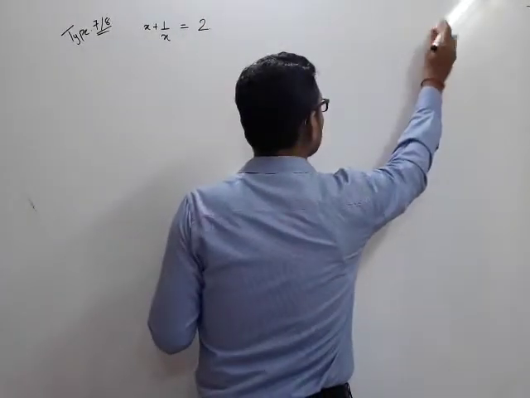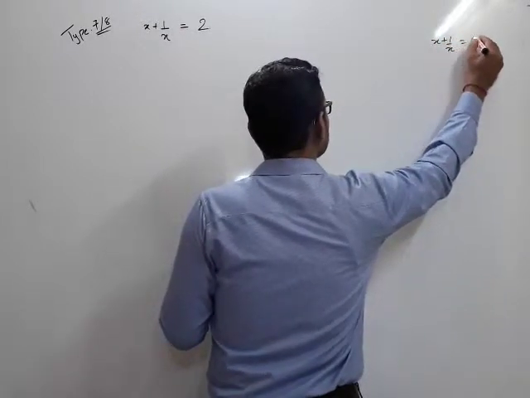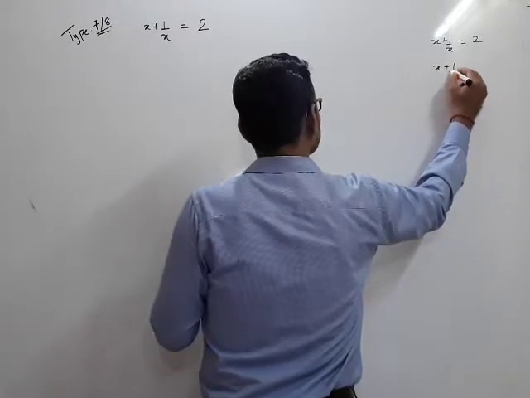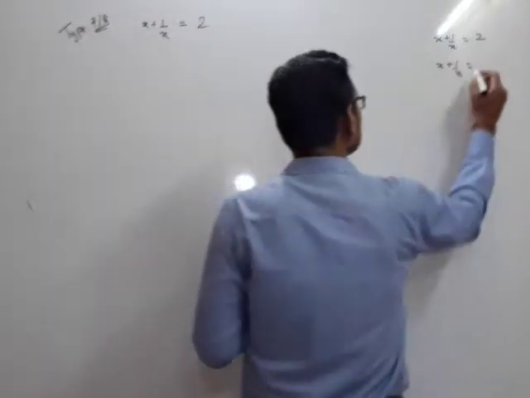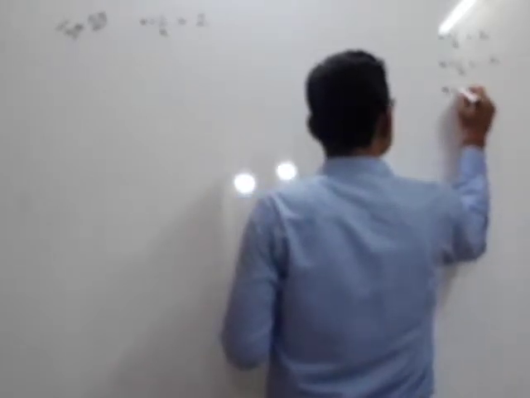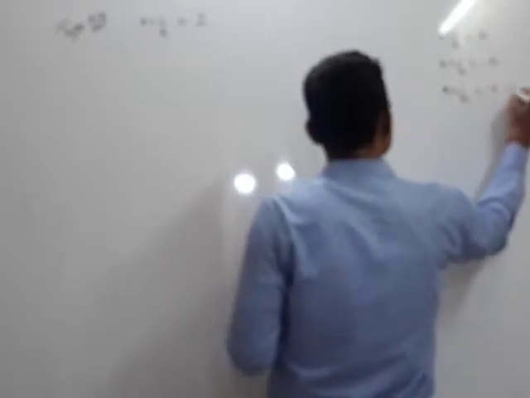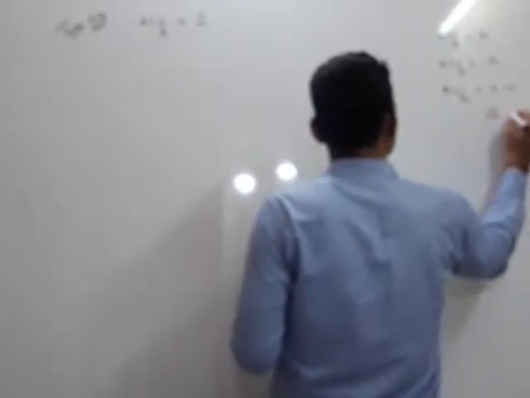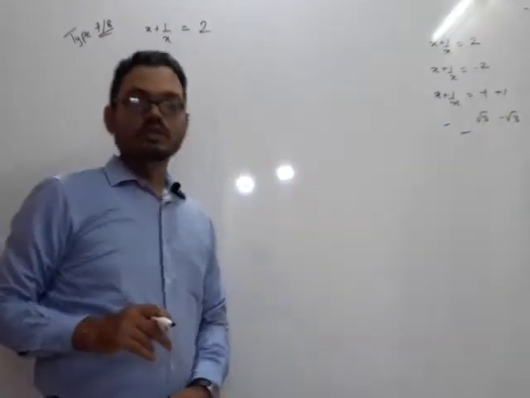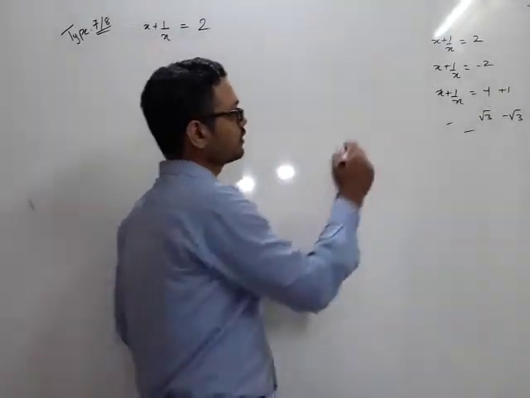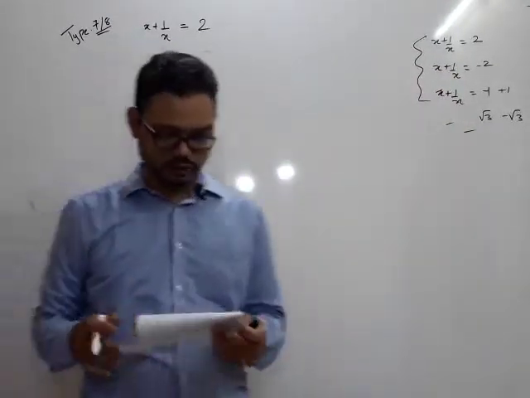Similarly, in this we will try to cover when x plus 1 by x is 2, when x plus 1 by x is minus 2, when x plus 1 by x is minus 1, then plus 1, then root 3, minus root 3, and something like that. So this entirely we will try to cover in this video, and the rest we will try to see in the next one.